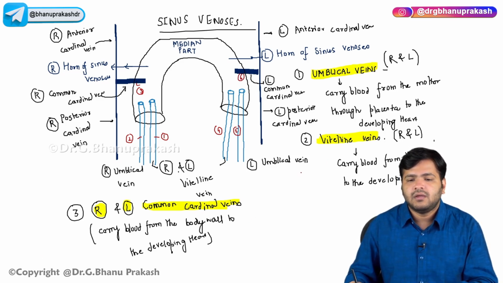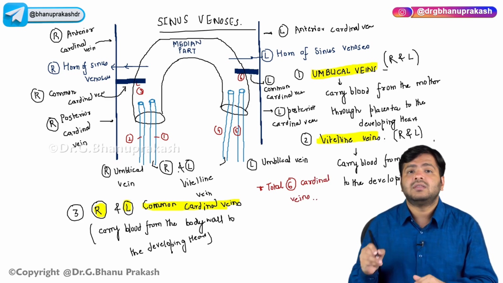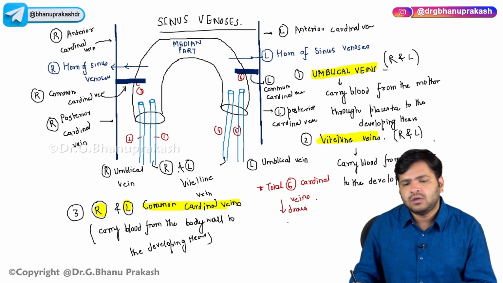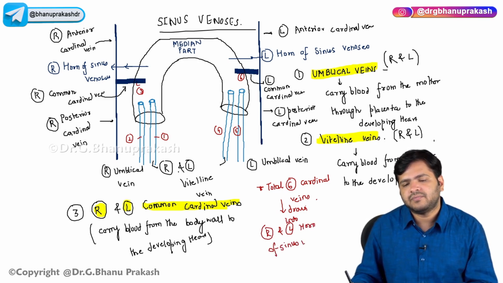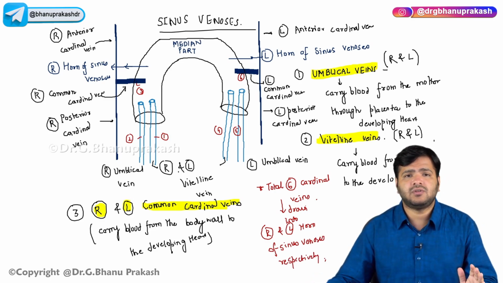So remember, in total there are 6 cardinal veins, which will now drain into the right and left horn of the sinus venosus respectively. So that was about how these veins are draining to it.